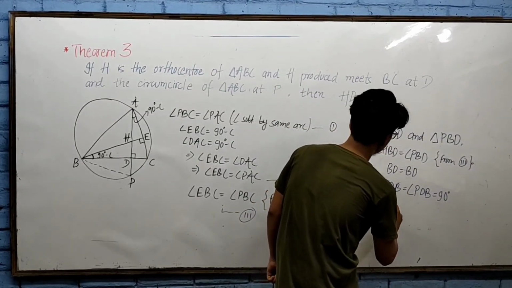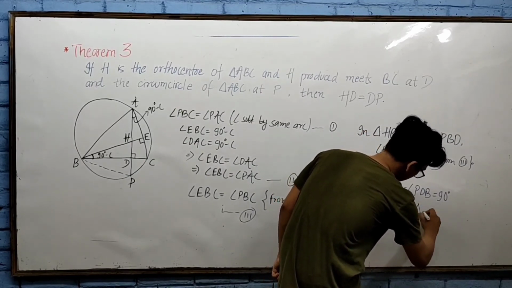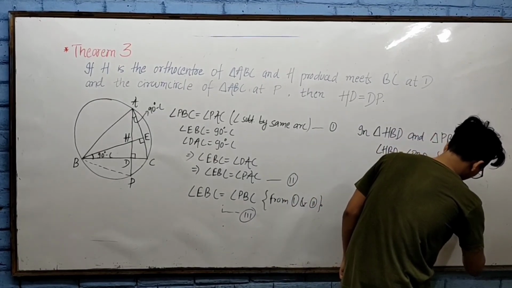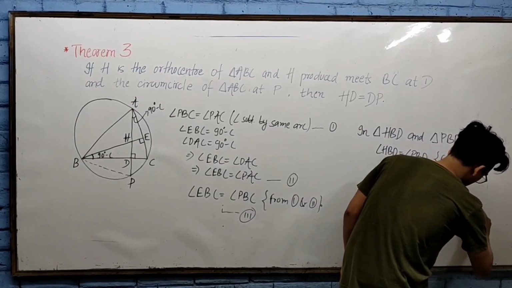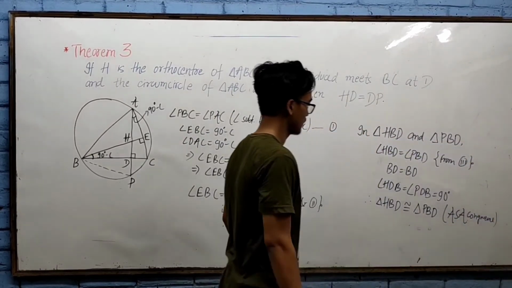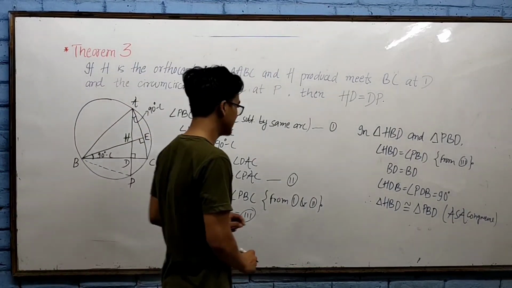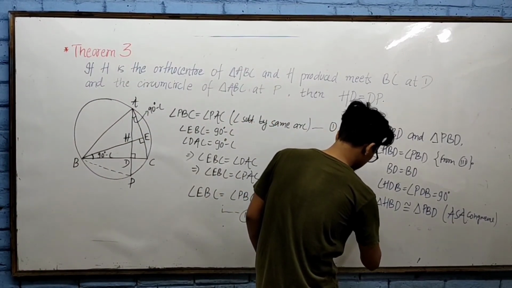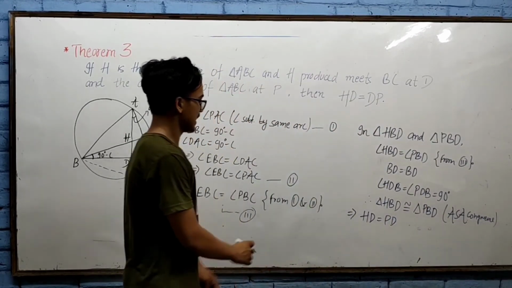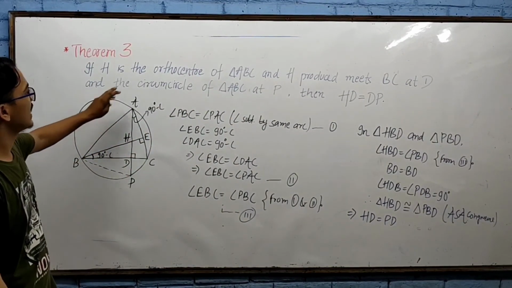Therefore triangle HBD is congruent to triangle PBD via ASA congruence. Now since these two triangles are congruent, therefore HD equals PD. Therefore D is the midpoint of HP, and hence we have our theorem proved.